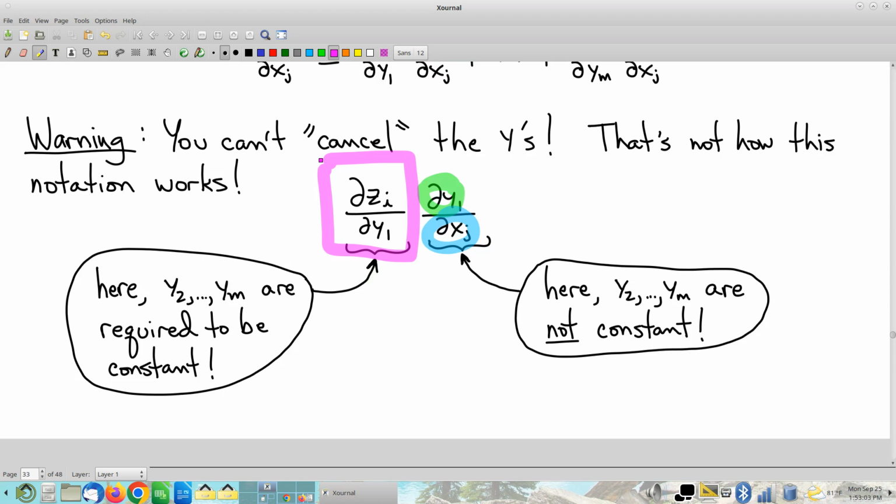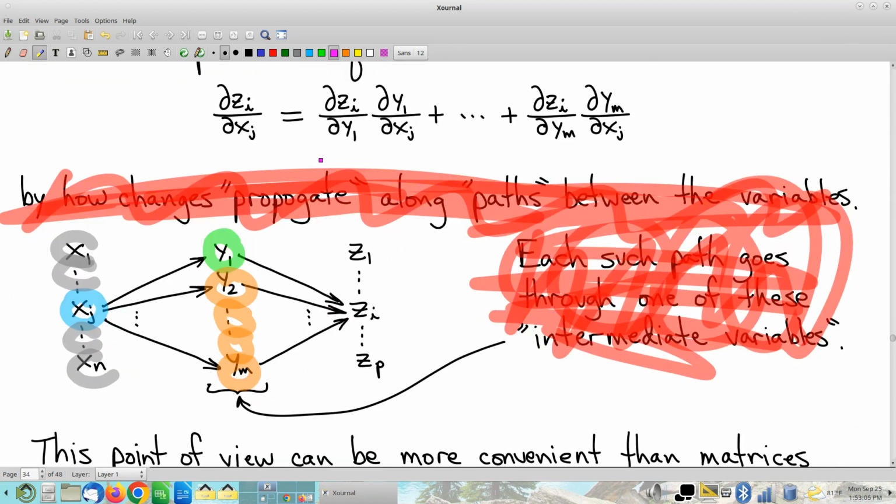Okay, back to the diagram. So we're keeping track of how much zi changes as y1 changes. Okay, fine, y1 was changing. But wait a second, in this story, all of these other variables are constants. They're not allowed to change.